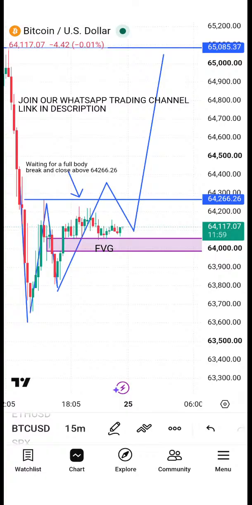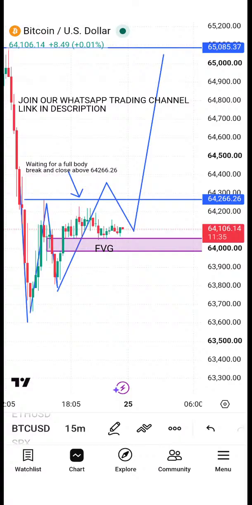No. But this is just to show you what I'm expecting Bitcoin to do before I take a buy. I'm not going to buy right at the value gap. Why?